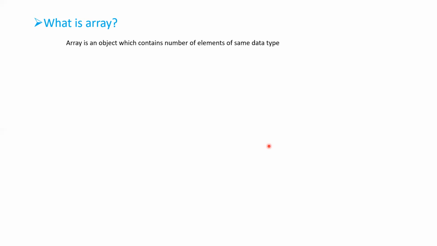Okay, so why do we need this array? Think of a scenario where I wanted to store 10 numbers. If you don't have an array, then what do we need to do? We may end up creating 10 variables, right? Each variable can hold one number. What is the problem with that approach? As a programmer, you need to remember all 10 variable names, right?